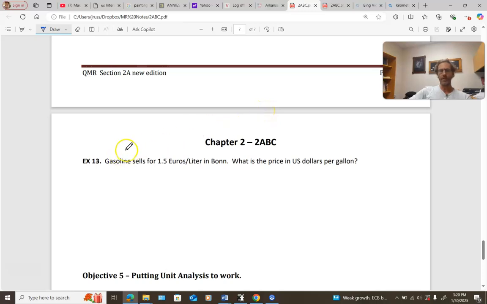Example 13 says, gasoline sells for 1.5 euros per liter in Bonn. I believe this is in Switzerland, if I'm not mistaken. And so the question is, what would the price be in US dollars per gallon? Over here we buy gas by the gallon.